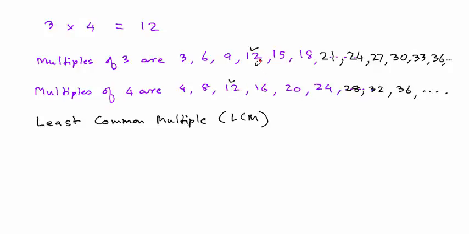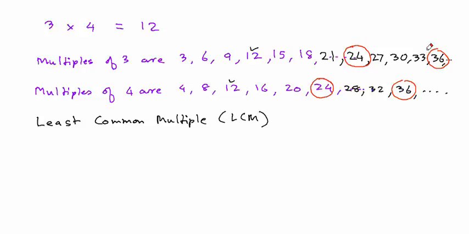And the point I want to drive home is the fact that 12 isn't the only common multiple between 3 and 4. We have 12, and then we have 24 that would appear on both lists, and then we have 36 and so on. So starting with 12, the common multiples literally repeat after every 12. So we have the next one at 24, the next one at 36.